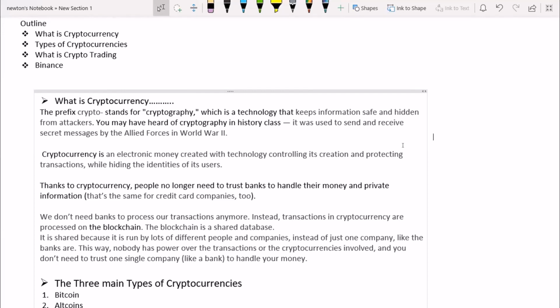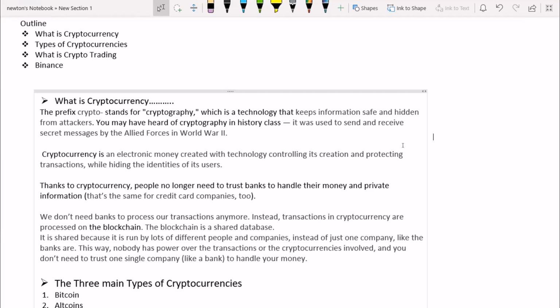Now, what is the essence of cryptocurrency? If we have our traditional bank, because of course we do these transactions in a bank, you can just go to the bank or perhaps open your phone and send money to anybody. Now, the essence of cryptocurrency is that banks can take, for instance, if you want to send money to the US, you know there are normal rules and protocols, but it takes like 3 to 5 days before your money can get over there, and perhaps they charge you some ridiculous amount of money.